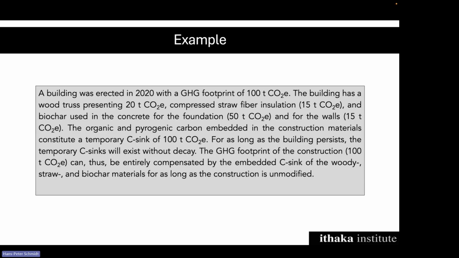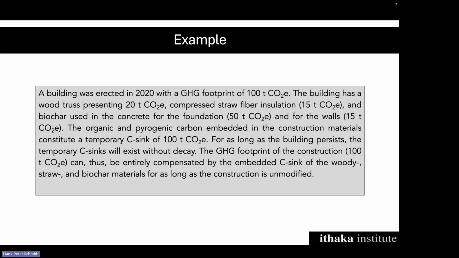So you would have 100 tons of carbon sink that would be there at least for the 60 years that this building exists. And you have 100 tons that were caused by the building. So now you are climate neutral, 100 against 100 for 60 years.